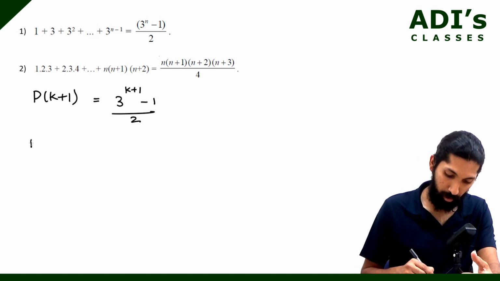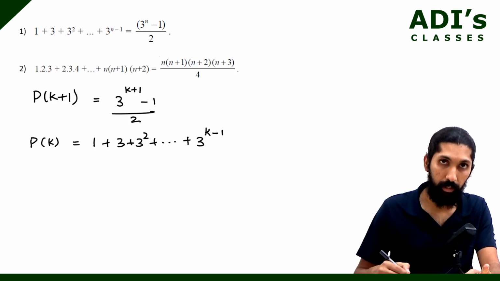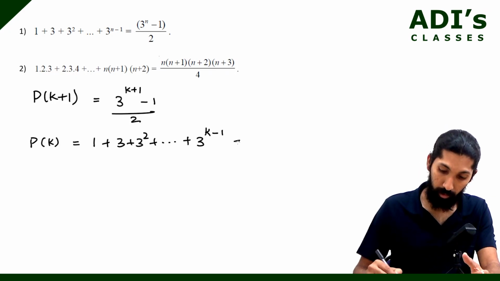Now, let's start. P of k is equal to 1 plus 3 square, and so on, up to 3 to the power of k minus 1. This is P of k, which we know is (3 power k minus 1) by 2.